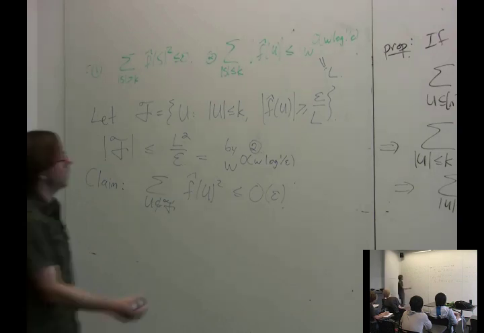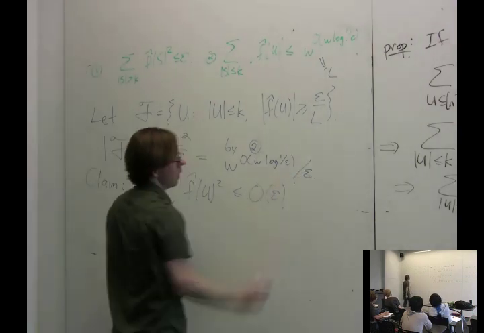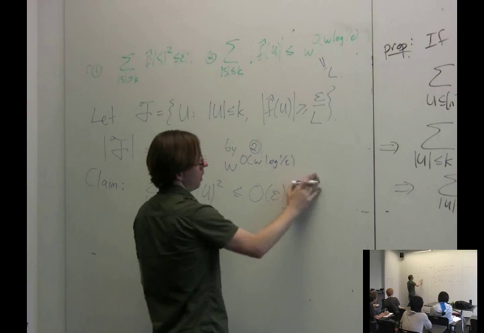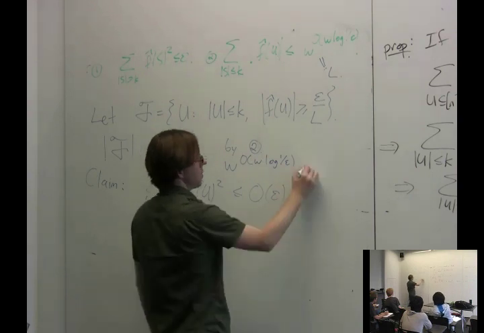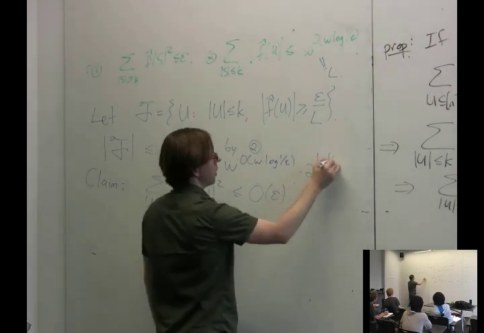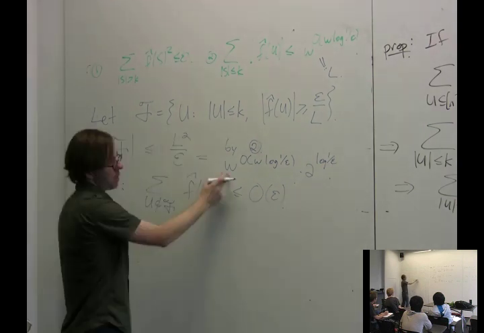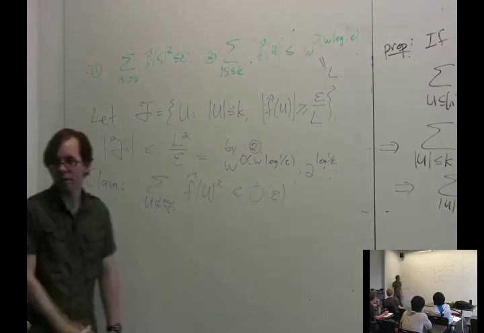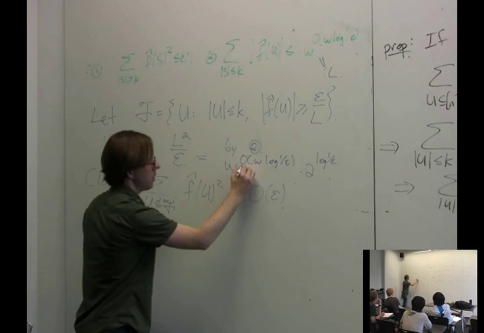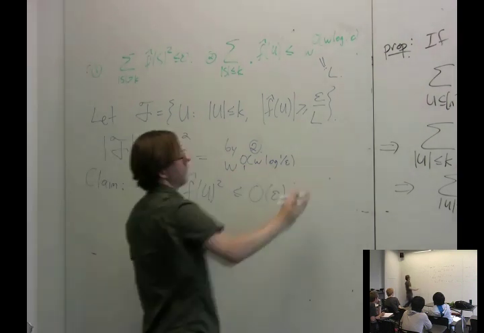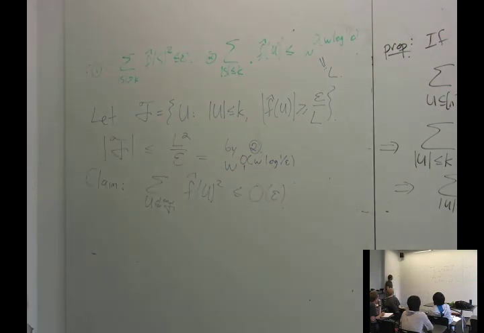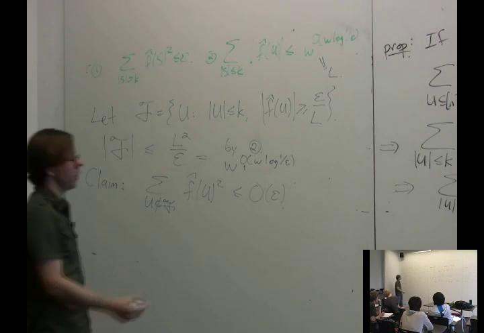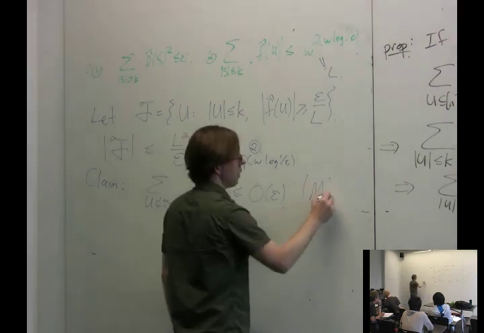I mean, it's really this over epsilon. Yeah. But I could write 1 over epsilon as 2 to the log 1 over epsilon. And since I already have w to the log 1 over epsilon, it can all go into this O. But yeah. So this is Mansour's theorem once I prove it.